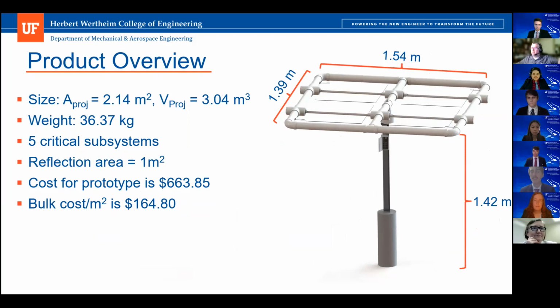The overall design is composed of the previously highlighted 5 critical subsystems: the base, support frame, reflection surface, rotation mechanisms, and solar tracking systems, with the sum of these components being a lightweight and effective design that can be prototyped for $663.85 and mass-produced for a solar field of 1,688 modules at $164.80 per square meter. And now for an animation of the azimuthal rotation of the frame followed by an animation of the reflection surface rotation.